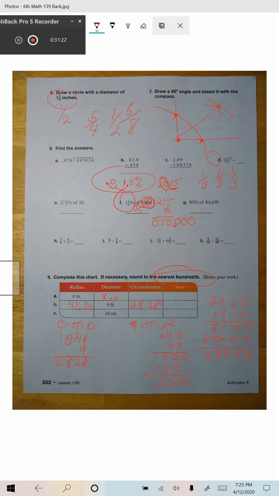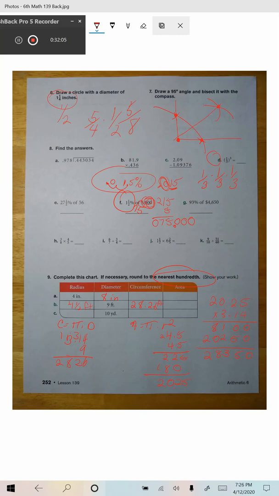Huh, lovely. They totally didn't get that. What did I do wrong? 3.14 times 5 squared. Why did they change that to 5? Oh, that's weird. So I'm looking in the book, okay? I'm looking at the answers here. I know it says, if necessary, round to the nearest hundredth.